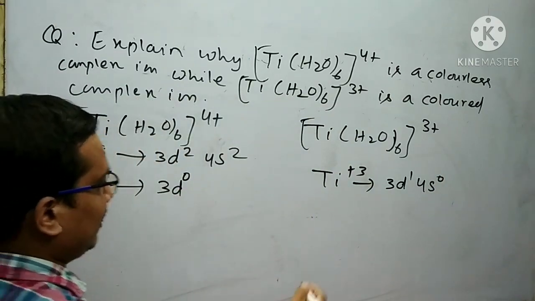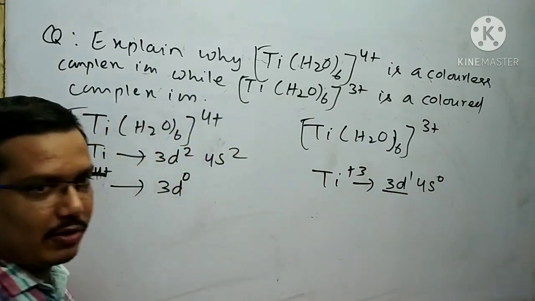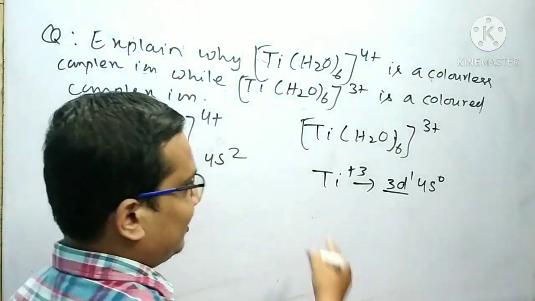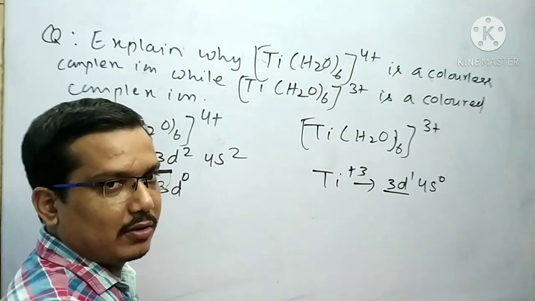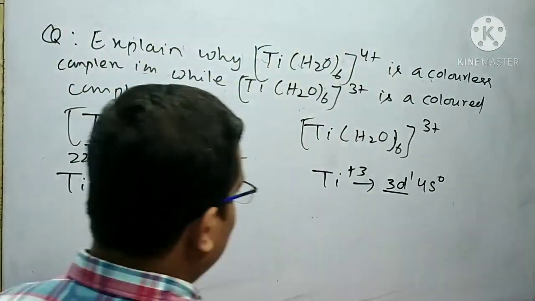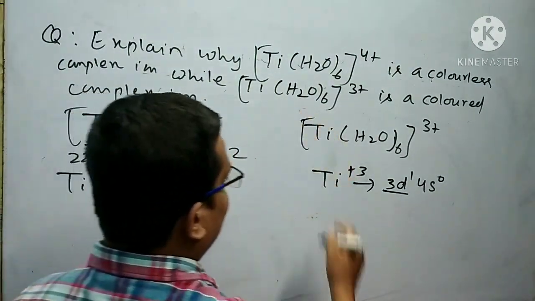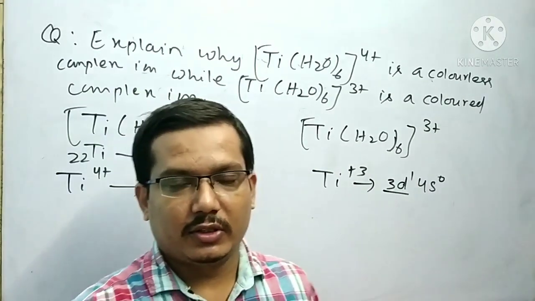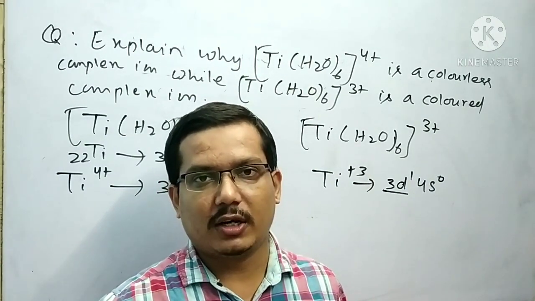Look at that. In this case, one unpaired electron is present in the d orbital. As a result, in this case, d-d transition will be possible. That's why this complex ion shows a particular color. This is all about your coordination chemistry.